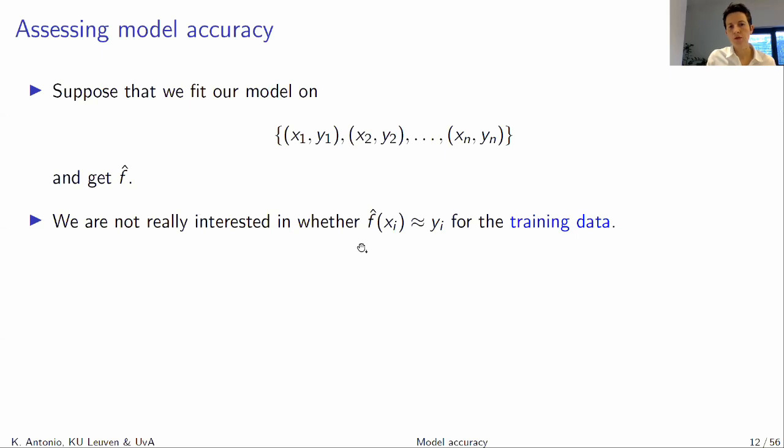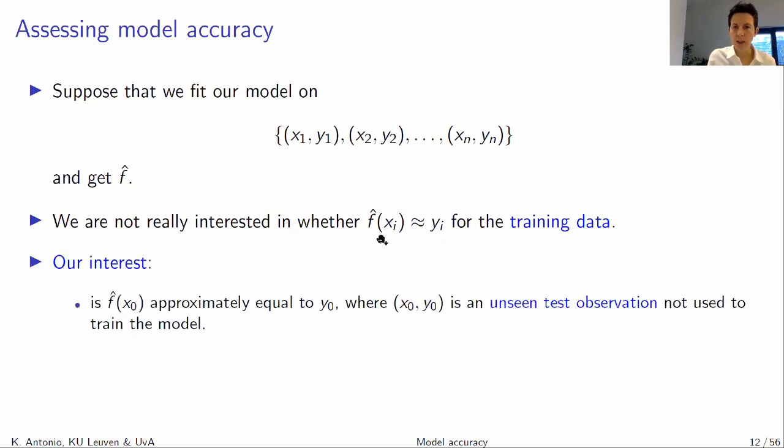Then we're not really interested in measuring whether f hat evaluated in x will be close to the target variable y for the training data, right? We're interested in seeing how well the f hat performs as an approximation for the associated outcome y0, when x0 and y0 are an unseen test observation that is not used to train the model.